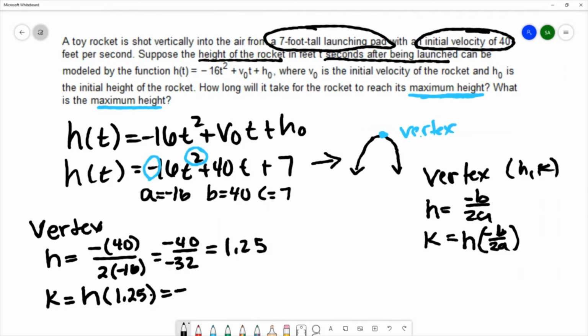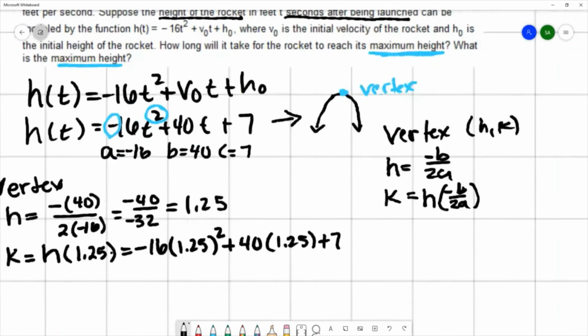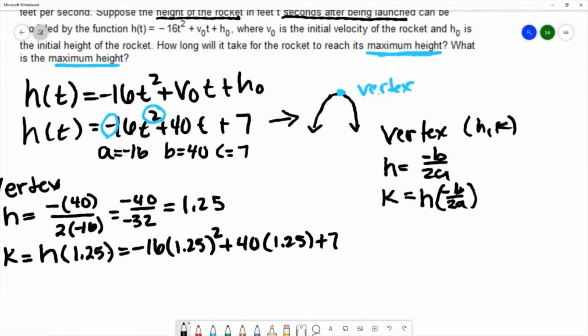We're doing negative 16 times 1.25 squared plus 40 times 1.25 plus 7. And this is what we'll type into our calculator.